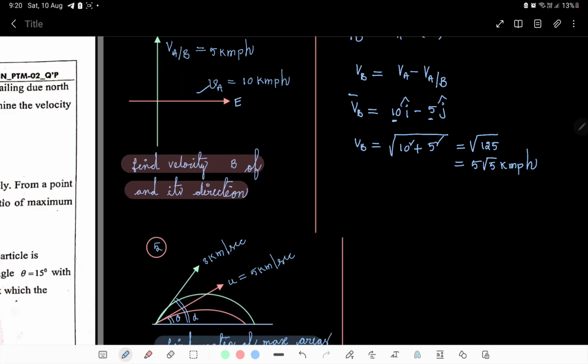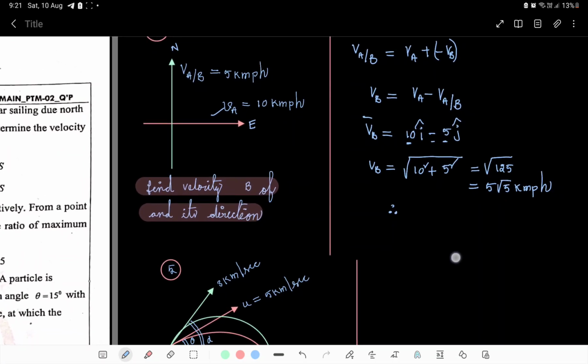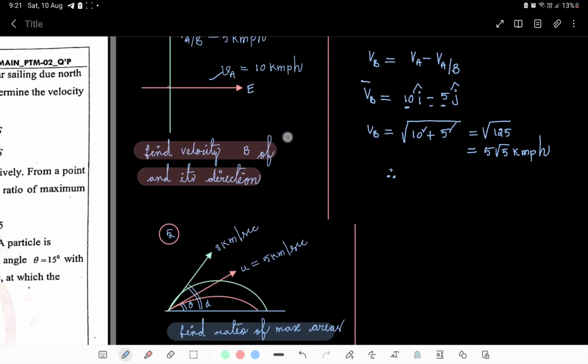With respect to x-axis or with respect to east, the direction will be in the fourth quadrant, like this one. This is 5 and this is 10.